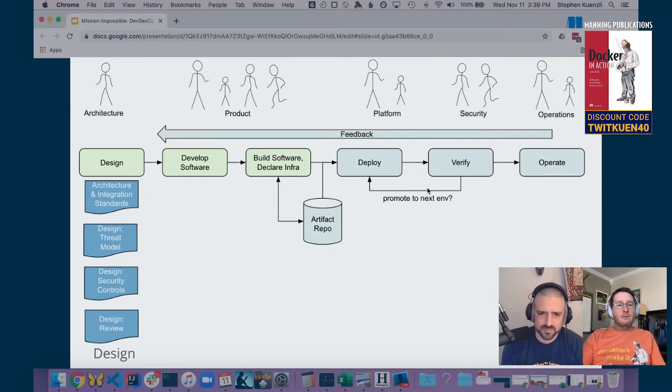So this organization happens to have some standard architectures and integration patterns, and these get used as building blocks for application teams to design solutions to business problems, because the security can be largely sorted out, and the remaining design steps become easier.